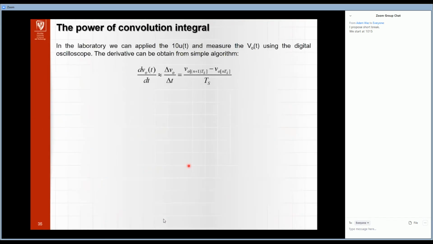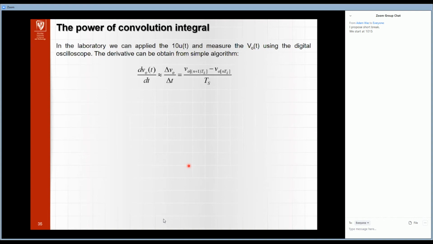And in the laboratory, it is not very complicated, because we can apply the voltage from a generator and measure V output using a digital scope. From the digital scope, we can collect the probes and the data, for example in a text file.